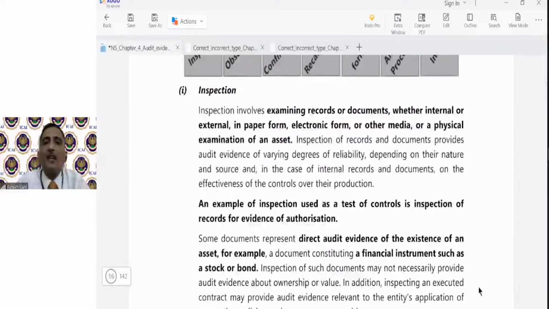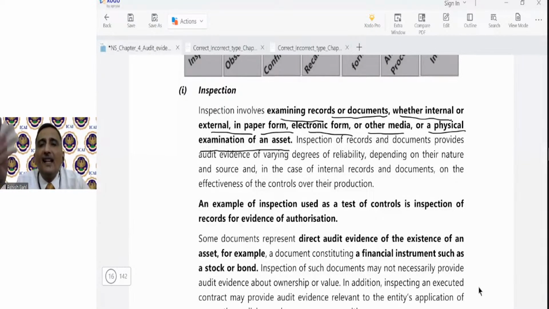So inspection involves examining records or documents, whether internal or external, in paper form, electronic form, or other media, or a physical examination of an asset. So what does inspection mean? Inspection means examining records or documents or physical examination of an asset. Now records may be whatever kind of record these may be.